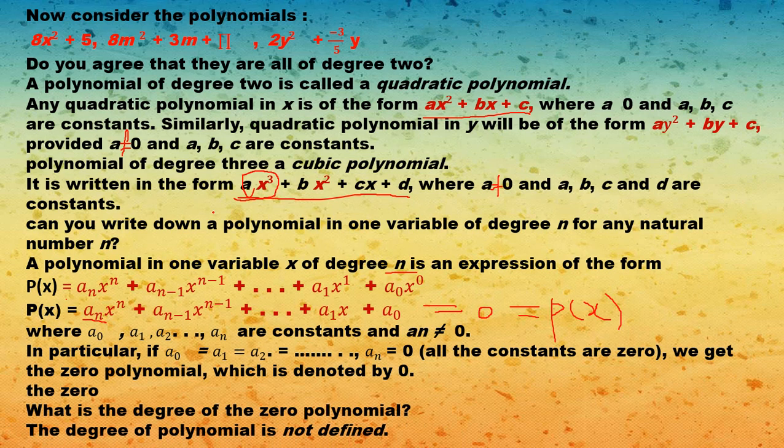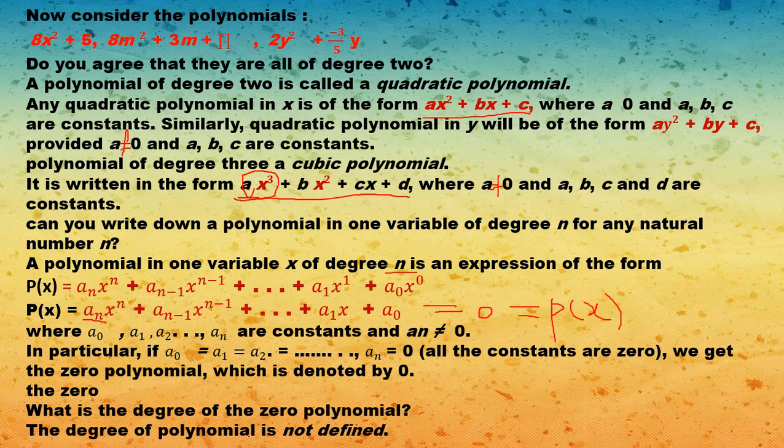In this example, a_n x raised to the power n with n as 10, if a_n is 0, then 0 into x raised to any power must be 0. So when we talk about the degree of this polynomial, we cannot define what the exponent was. So the degree of the zero polynomial is not defined.